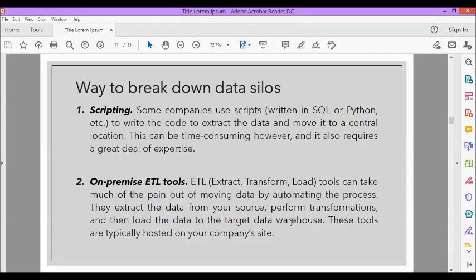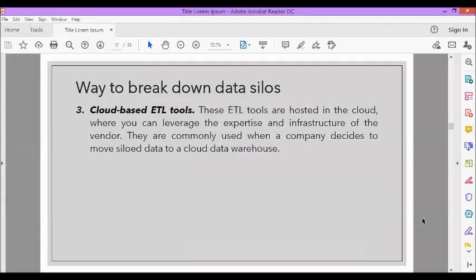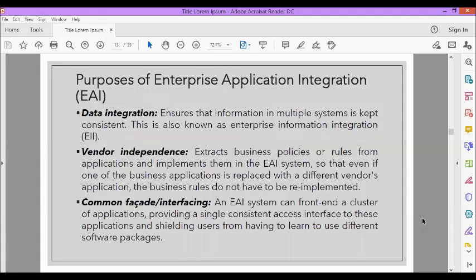These tools are typically hosted on your company's site. The third one is cloud-based ETL tools. These ETL tools are hosted in the cloud where you can leverage the expertise and infrastructure of the vendor. They are commonly used when a company decides to move siloed data to a cloud data warehouse.